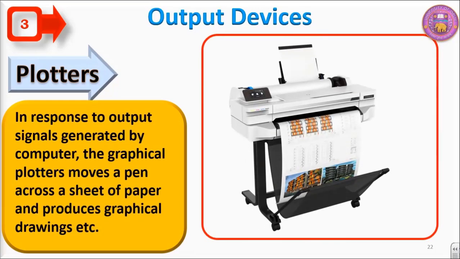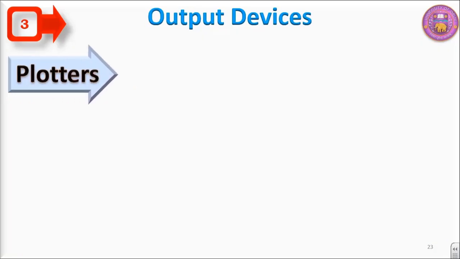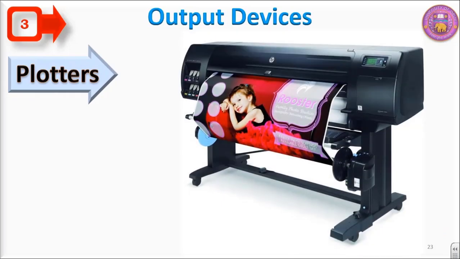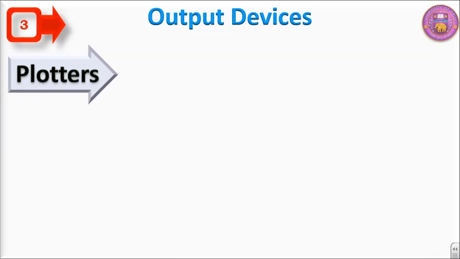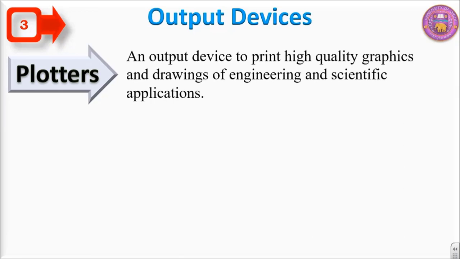In response to output signal generated by computer, the graphical plotter moves a pen across a sheet of paper and produces graphical drawings, etc. An output device to print high quality graphics and drawings of engineering and scientific application. So plotter is an output device to print high quality graphics and drawings of engineering and scientific applications.